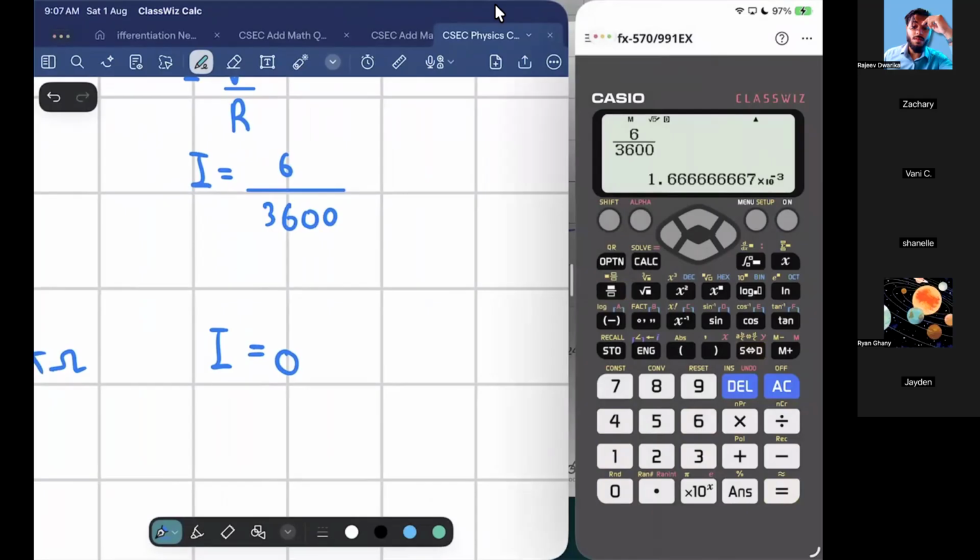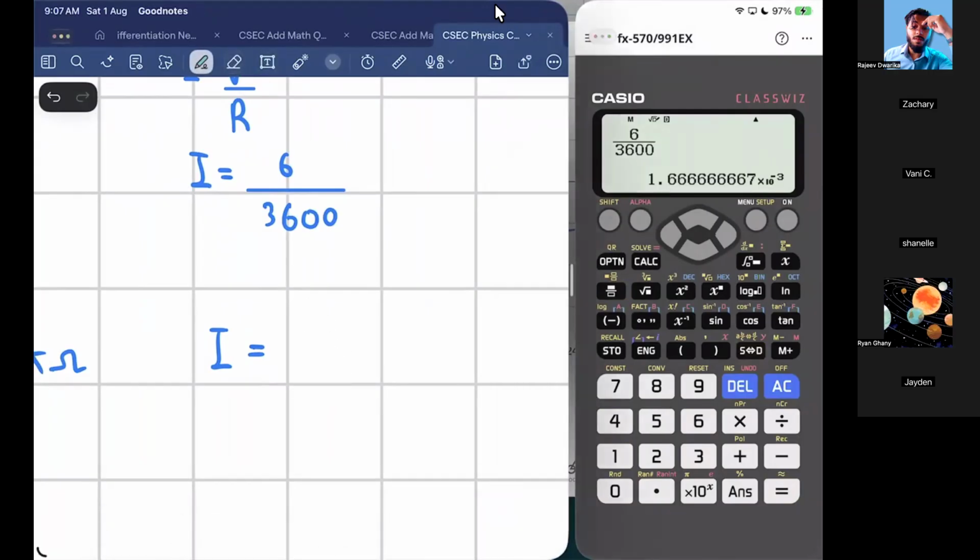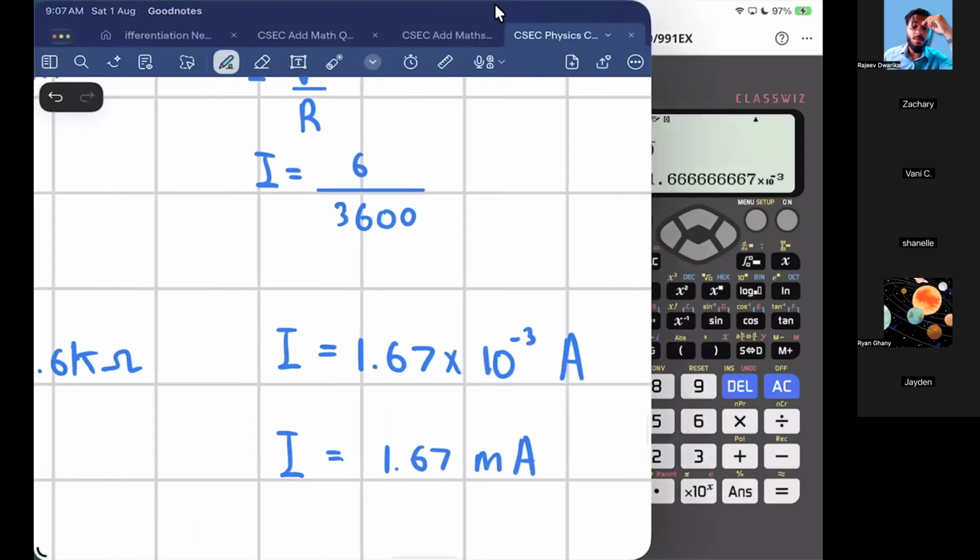Nah. So it's 1.67 by 10 to the power negative 3. That's what it is. 1.67 by 10 to the power minus 3 amperes. Now, that's the same thing as 1.67 what? Milliamps. Yeah, we know the thing, proper.